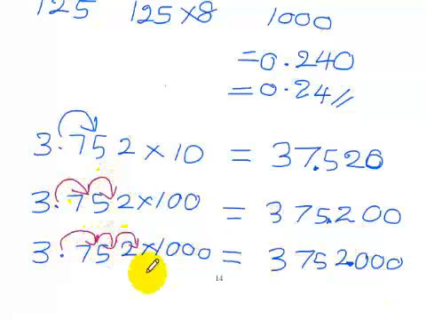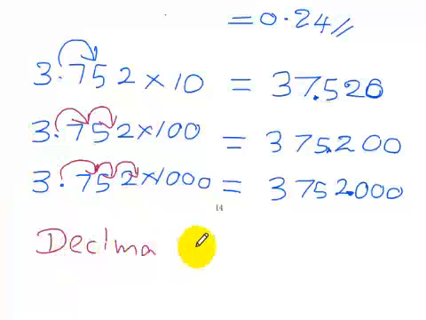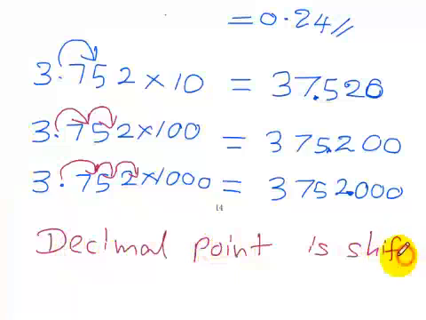So when you multiply any decimal by a power of 10, the decimal point is shifted to the right hand side.